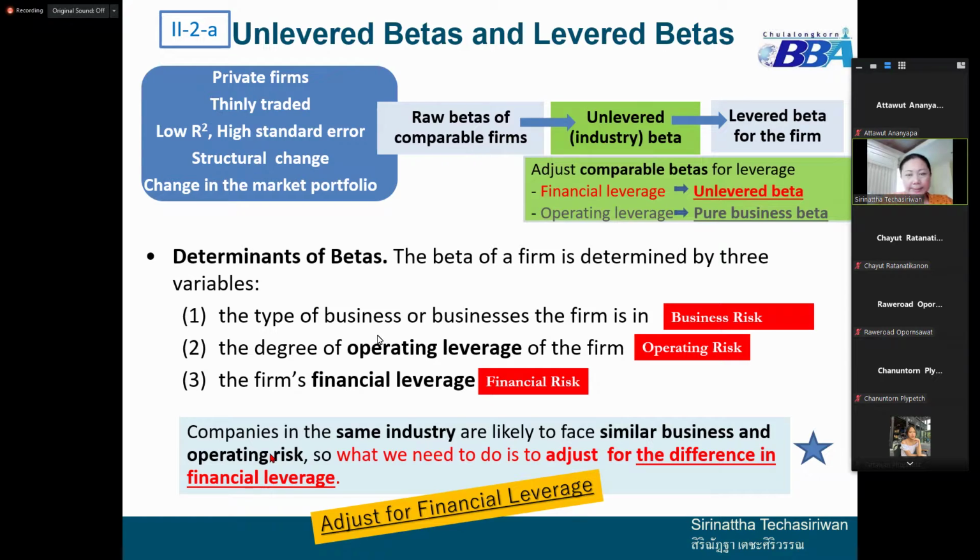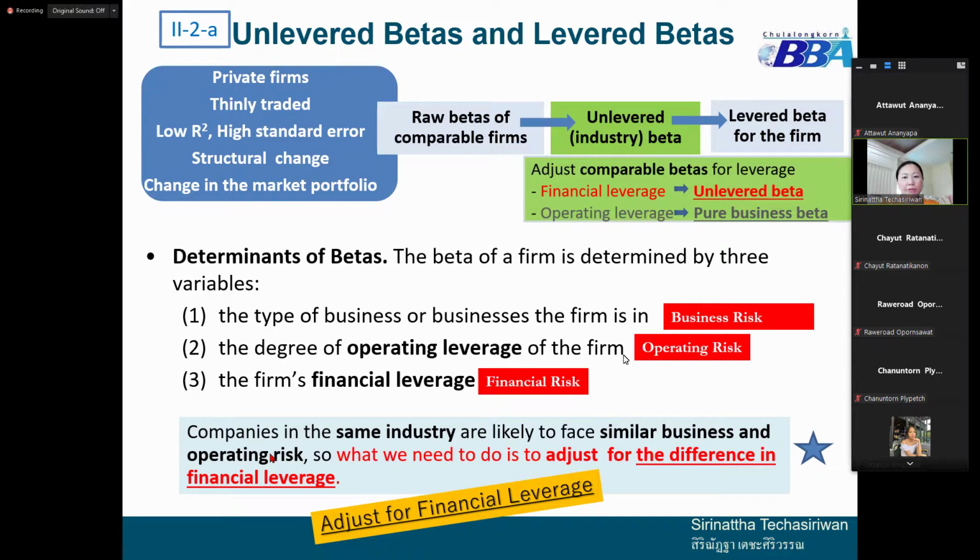So now we want to estimate the beta of the company that we analyze based on the beta of comparable firms. When we say comparable firm, we would like to find a firm with the most similar level of business risk, operating risk, and financial risk. But in the real world, we can find firms in a similar business, so in terms of business risk, we can find a firm with a similar level of business risk.